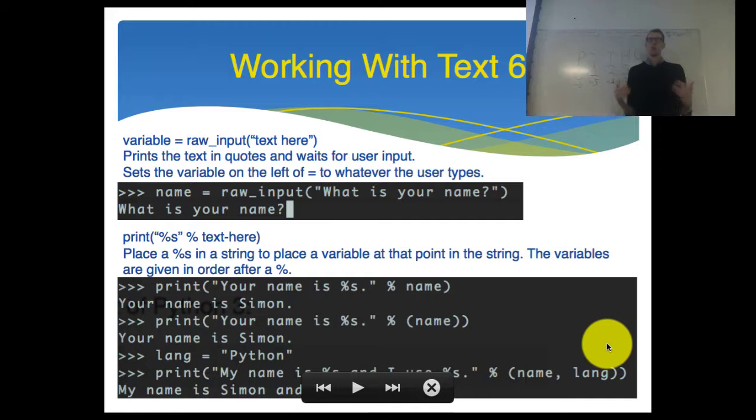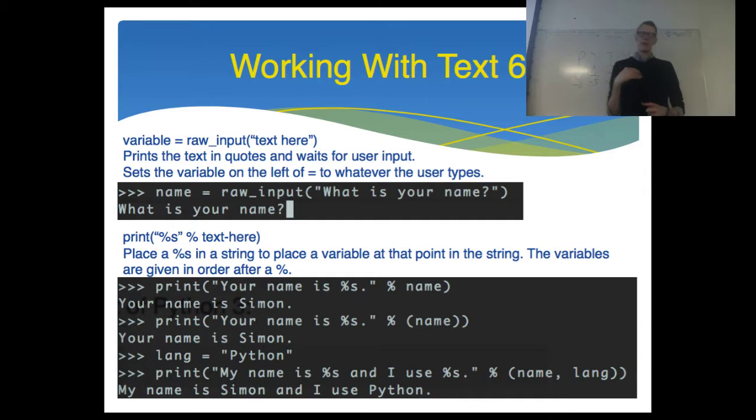So let's define one more string. Let's define a variable called lang equal to the string Python. Remember, variable name on the left of an equal sign equals, and then in quotes, the actual value. Then I can do print my name is some string, and I use some other string. So now we have two strings we want to substitute in. What do we want to actually substitute in?